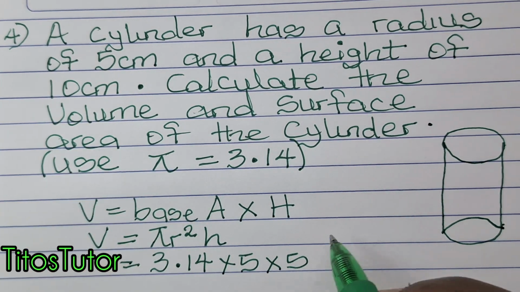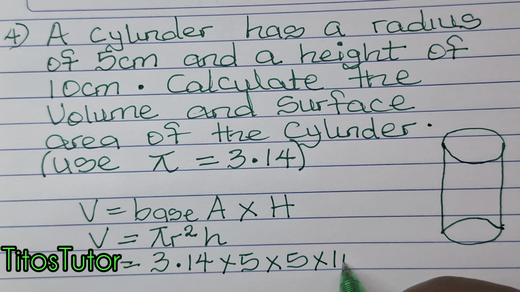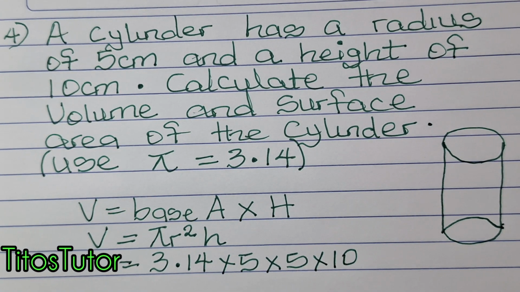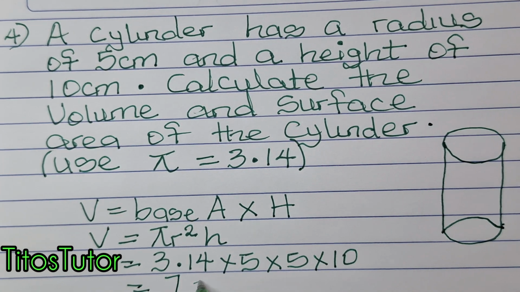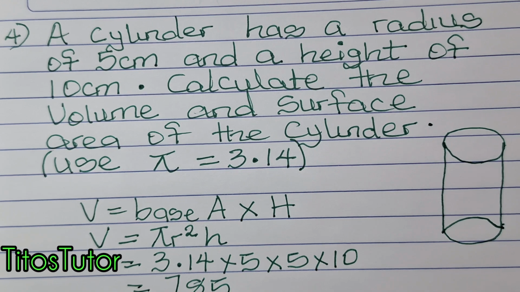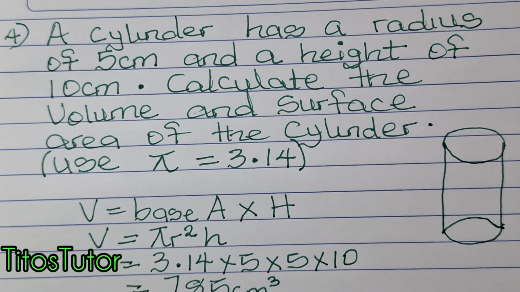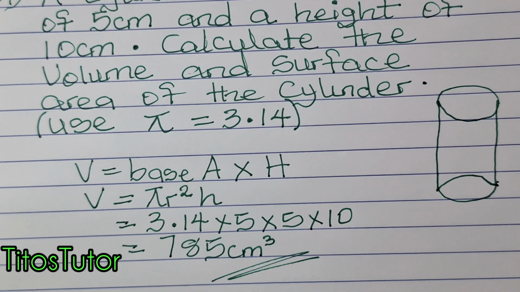Then your h is 10. So put this into your calculator. Multiply the 4 numbers and you will get 785 cm cube as the volume of the cylinder.